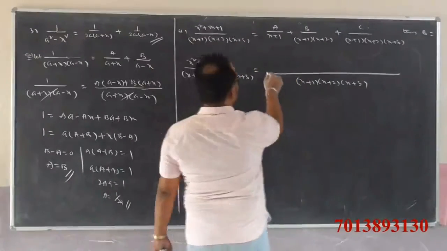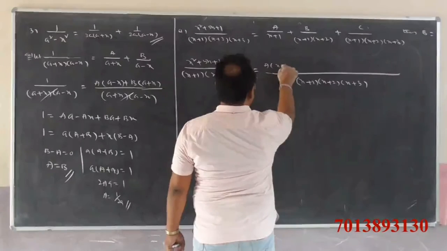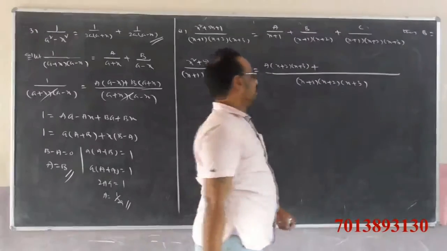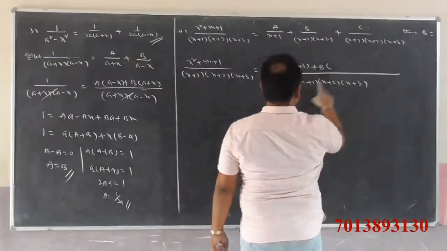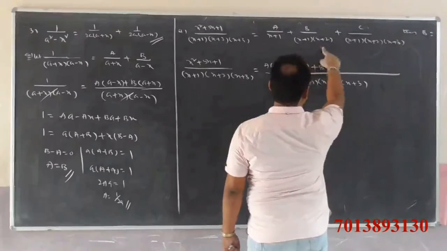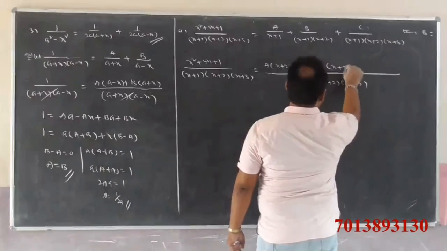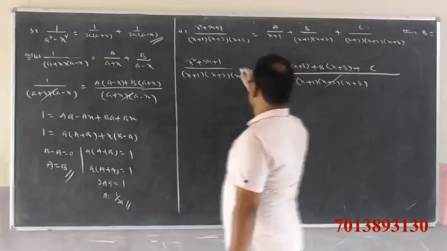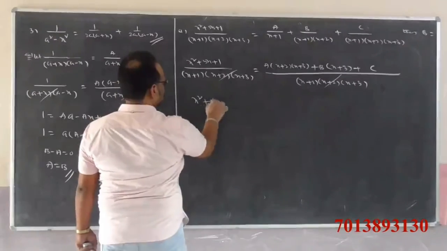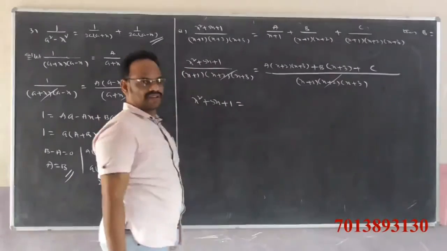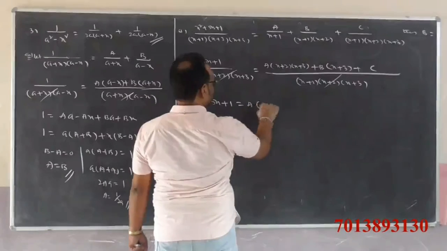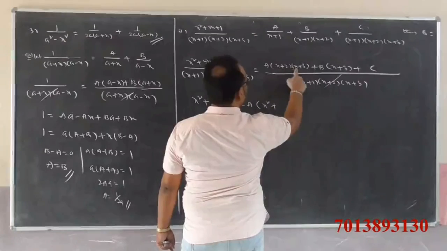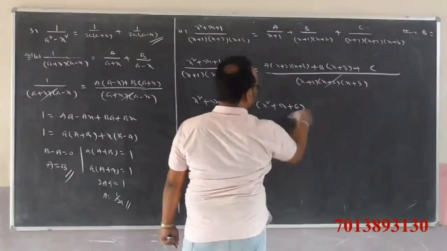We get a into x plus 2 into x plus 3 plus b times of x plus 1 into x plus 2, and the terms get cancelled. We get x plus 3.